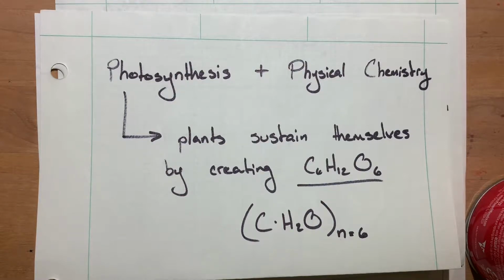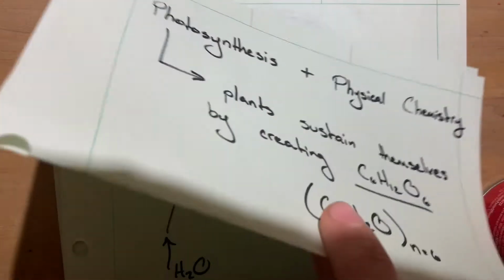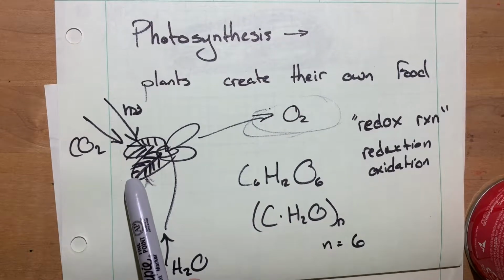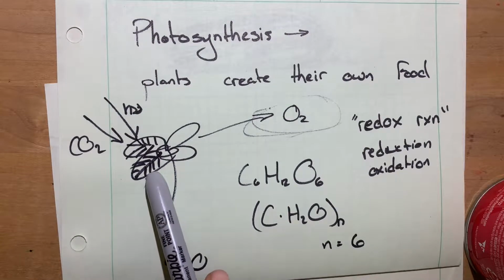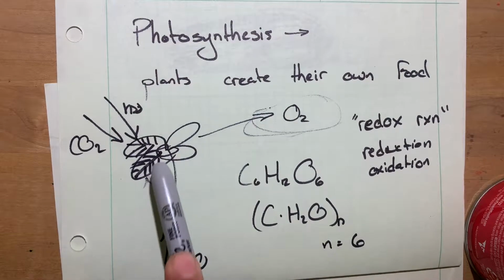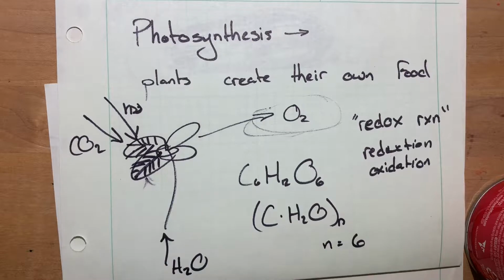Now, plant cells have chloroplasts, and this is where photosynthesis takes place. While any green part of the plant has chloroplasts, the leaves are where most of the photosynthesis is taking place.